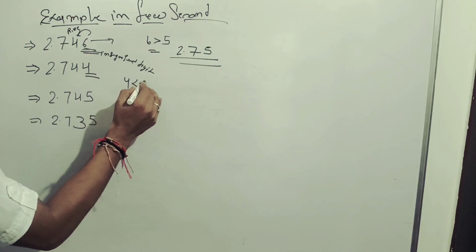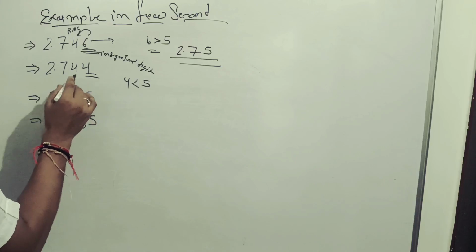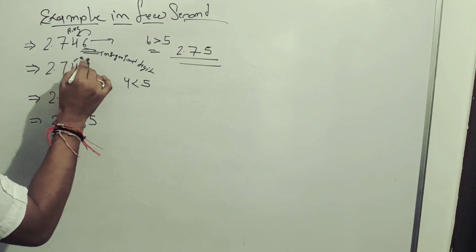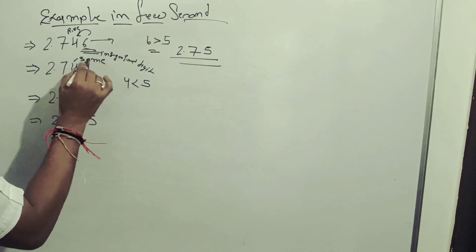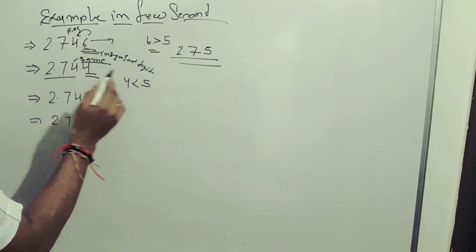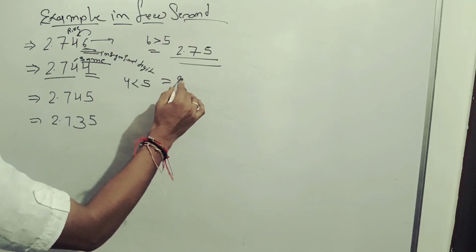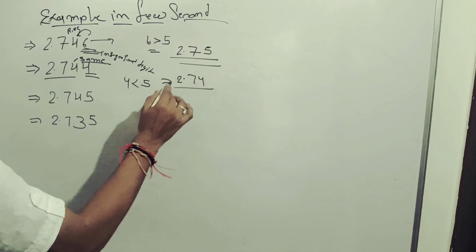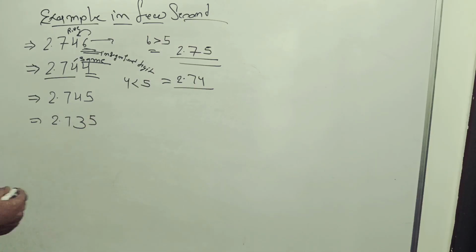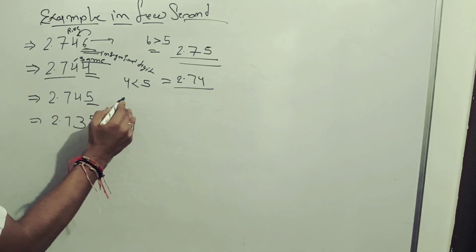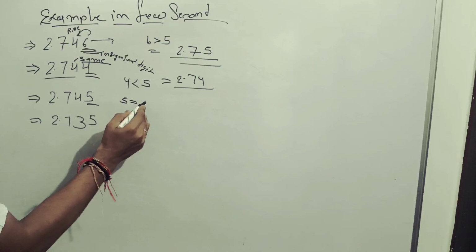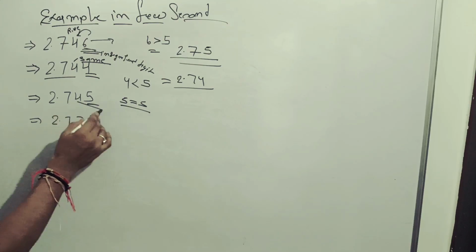For 2.744, the 4 is less than 5, so the value stays the same, 2.74. For the last two, the insignificant digit is equal to 5, so use the even-odd rule.